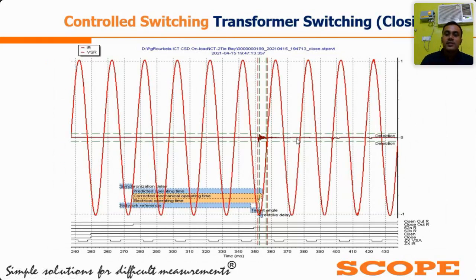This result we have generally achieved at all our sites in which we have implemented the CSD in ICT. I have seen other companies' graphs also. No one has achieved this result till now.